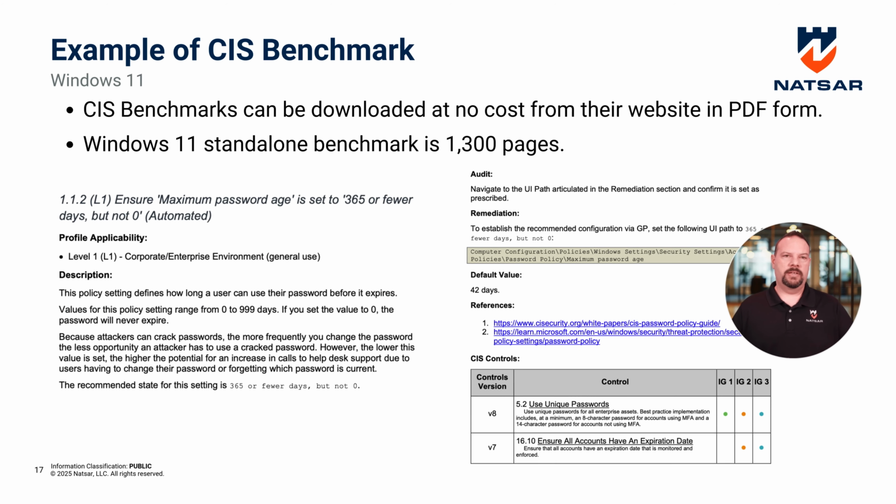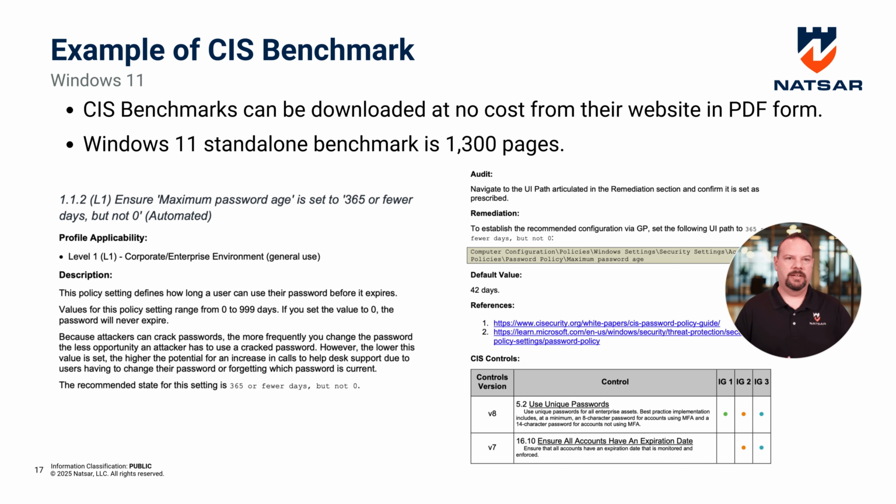Here's an example of a CIS benchmark that can be downloaded for free in a PDF version from the CIS website. I have just a couple screenshots here taken from the over 1,300 pages of just the Windows 11 standalone system, meaning it's not on a network or connected to an enterprise network. And the way they do this is they go through every single setting and they have a bunch of information about it.